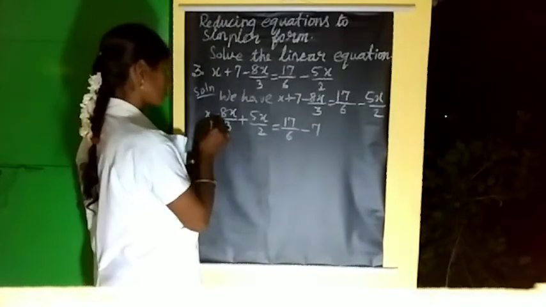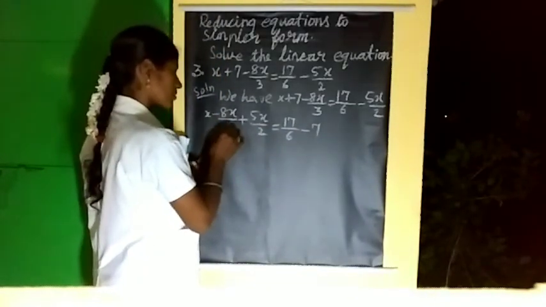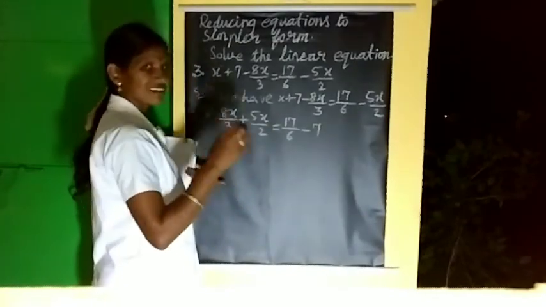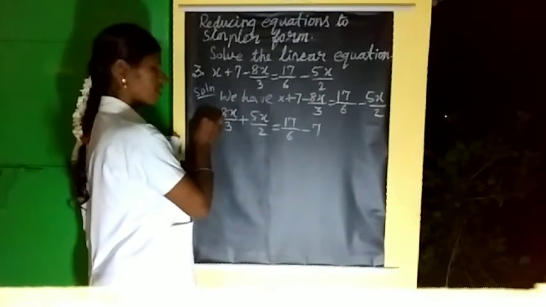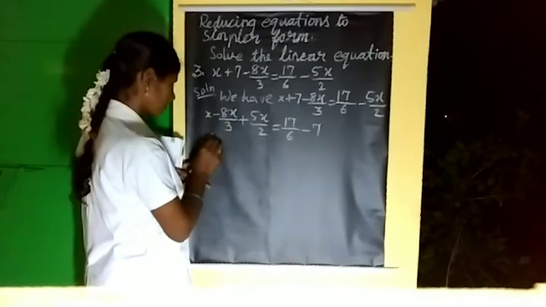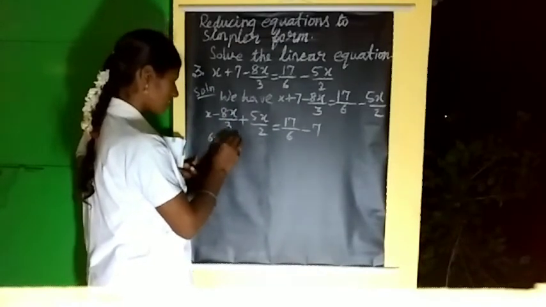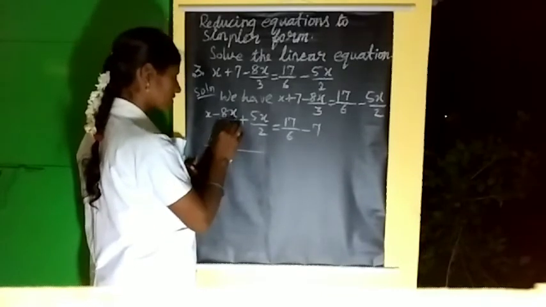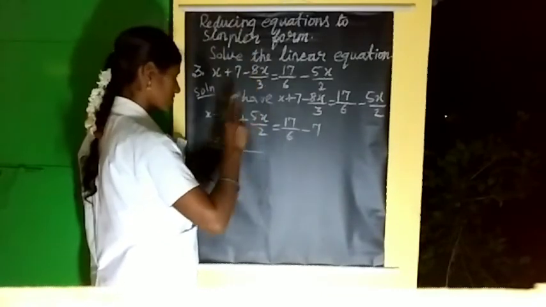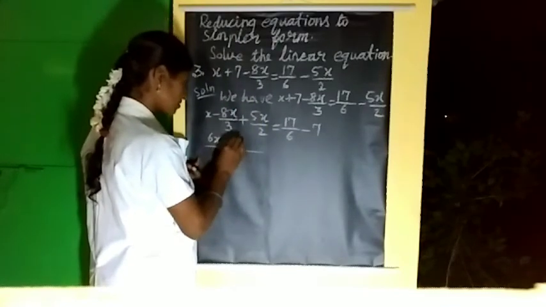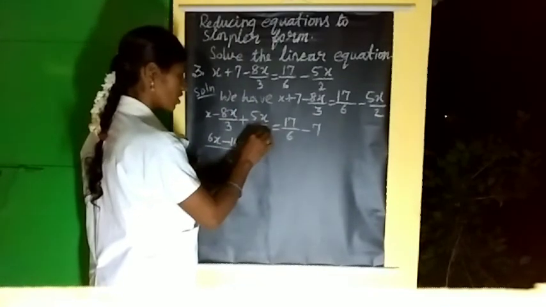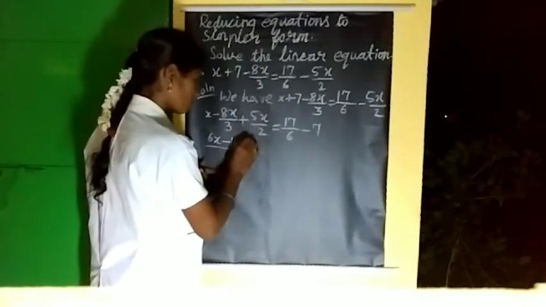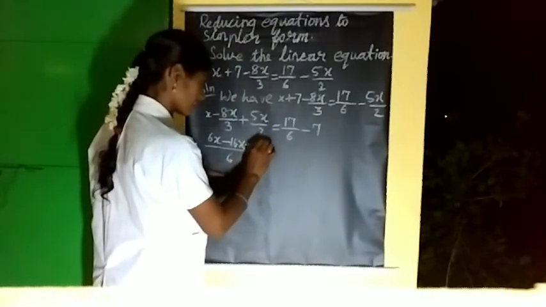Now find the LCM of 3 and 2. 6 is the LCM. So here we have to multiply by 6. 6x minus, here in the 6, how many 3s are there? 2 times. So 2 8s are 16x. Here how many 2s are there? 3 times. 3 5s are 15x, plus 15x.